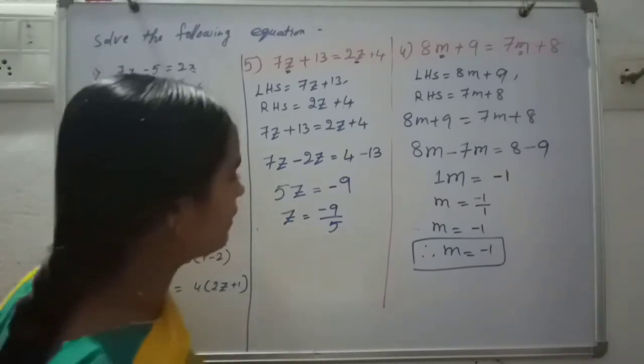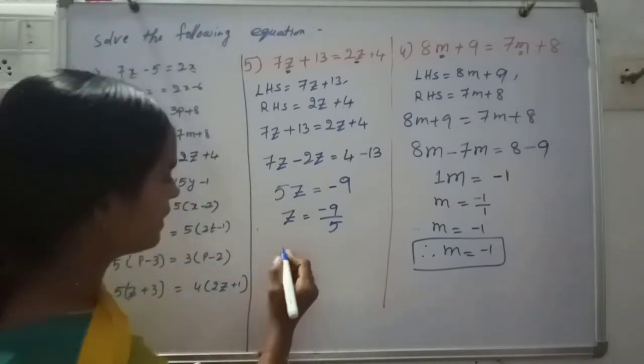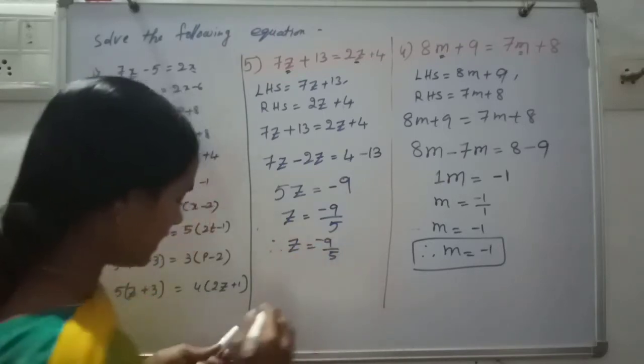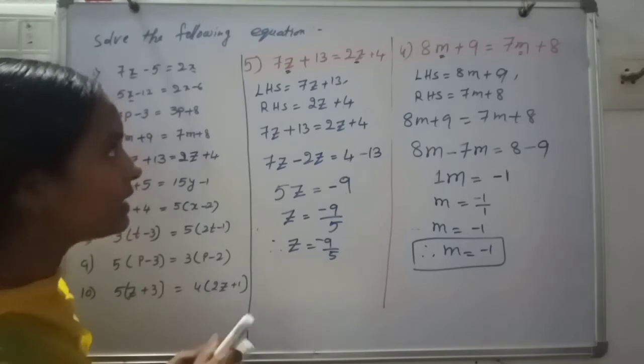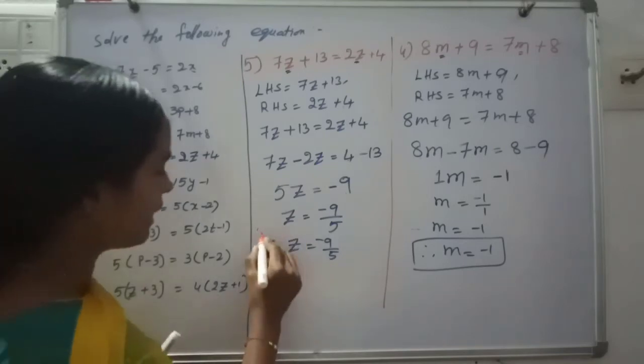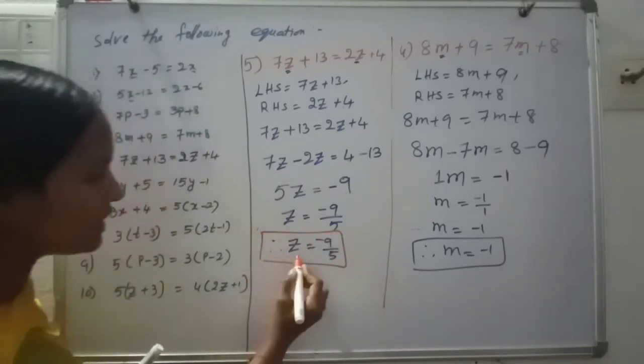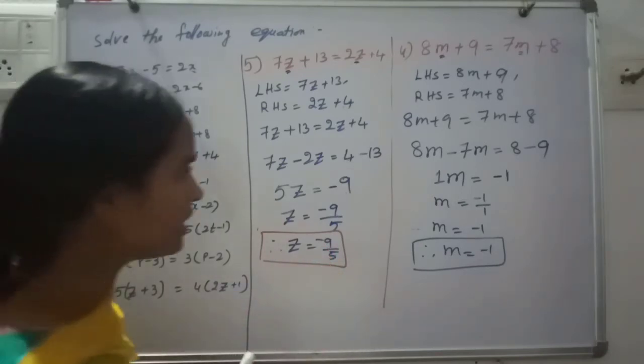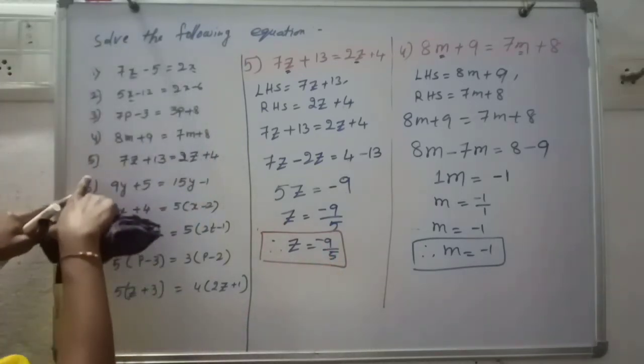Now let's see here. Therefore, z equal to minus 9 by 5. It is the simple equation. In the given simple equation, z value, z is equal to minus 9 by 5. Now let's see here. Fifth one is completed.